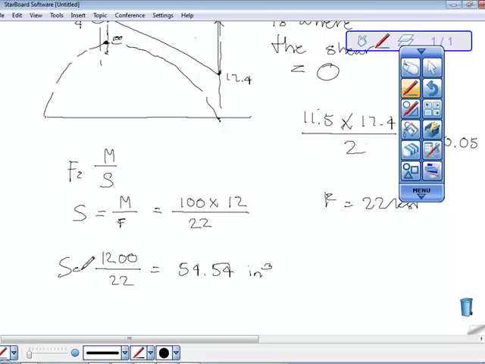We want to know the S about the x axis, so we go down the chart. I'm on page 202. Our section modulus is 54.54. So we need to go down until we find a beam that would support that in the x-axis. Yes, the next one above it. The smallest beam that would support it is what you want.